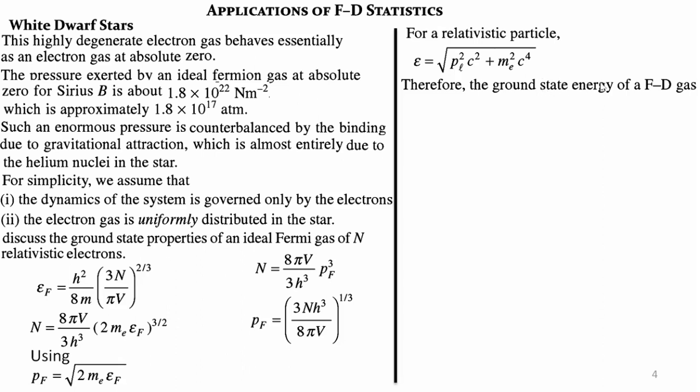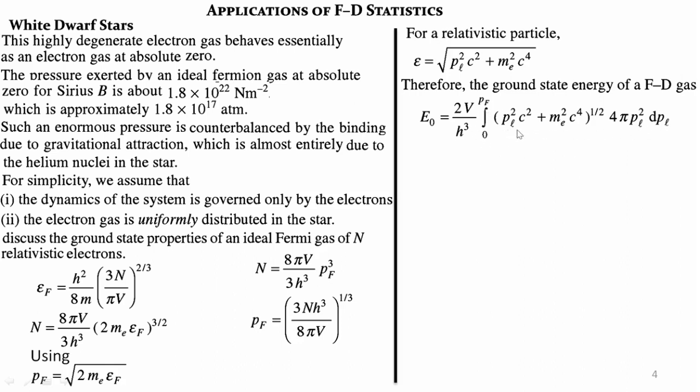Therefore, the ground state energy of the system is given by what? It is given by E_0 equal to an integral, V over h cubed. This is nothing but that expression, the integral of E into dE, where energy is going from 0 to E_F. I hope you remember that expression for completely degenerate systems. In this case, we have written this integral in terms of momentum as a variable.